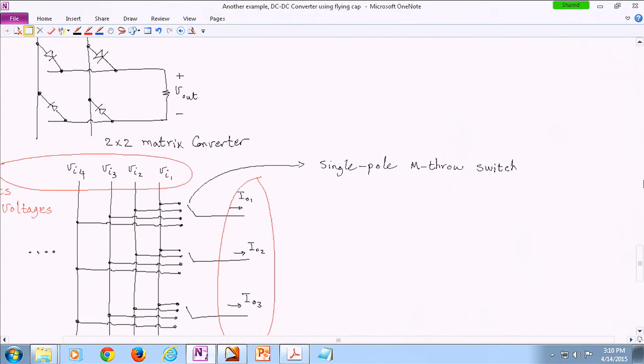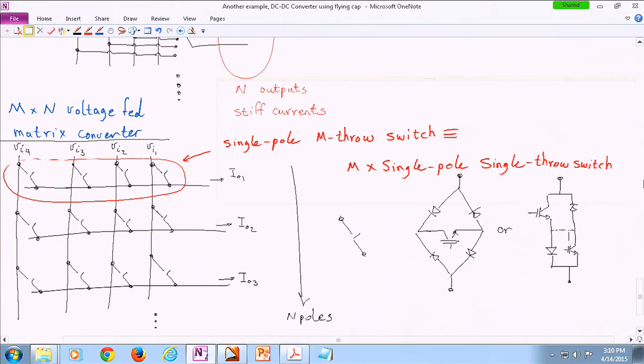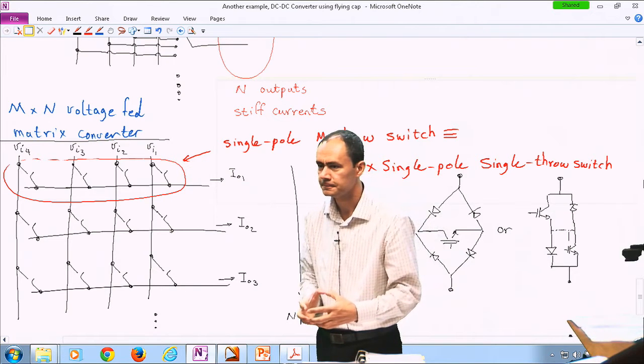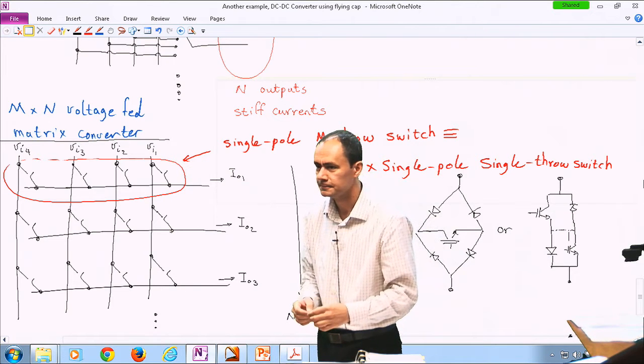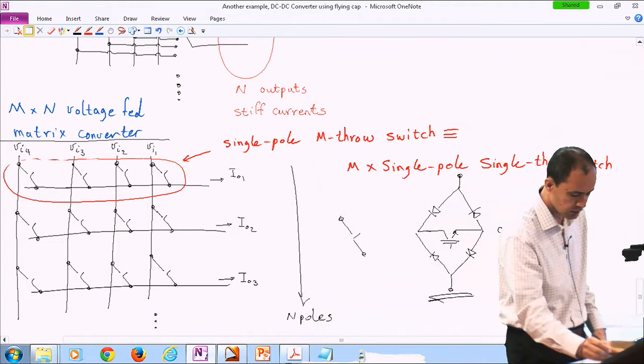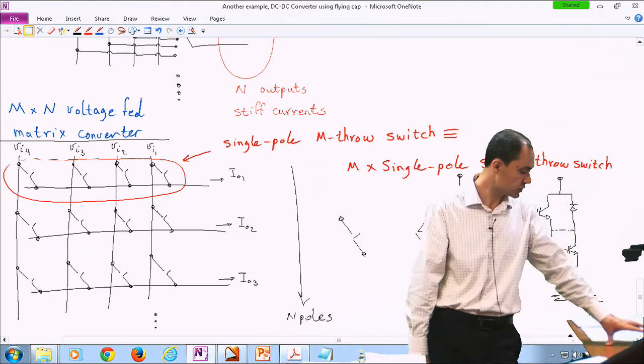Okay, any questions so far? Yes? In which specific case do we have a realization of the kind of switch that we just drew? Like this one? Yeah. So the question is, in what cases do we actually realize the switch like this?